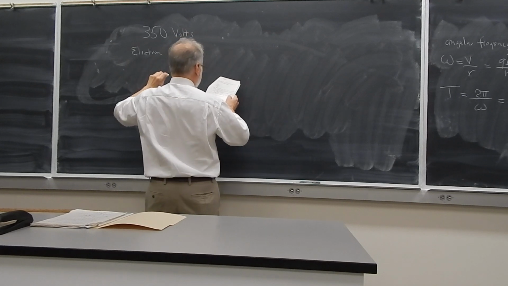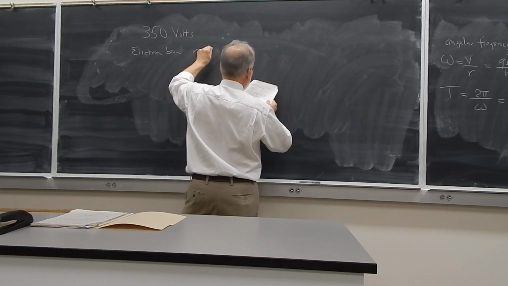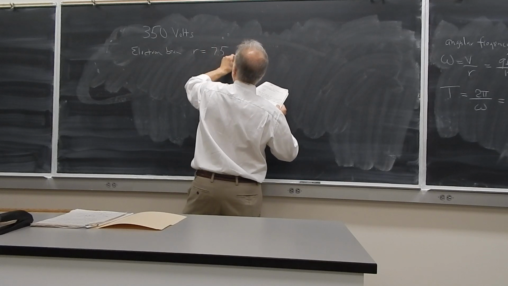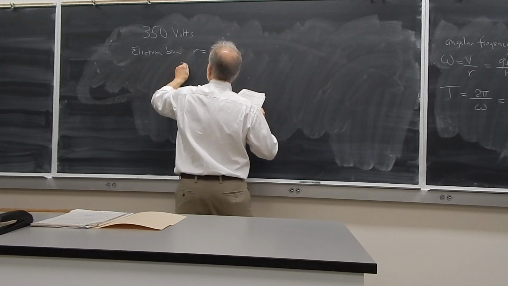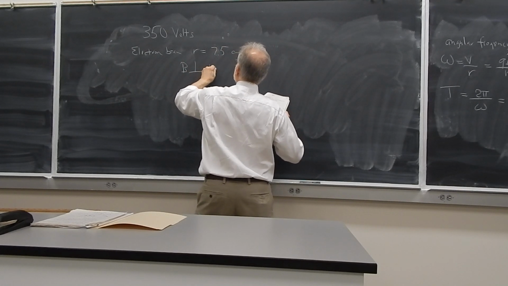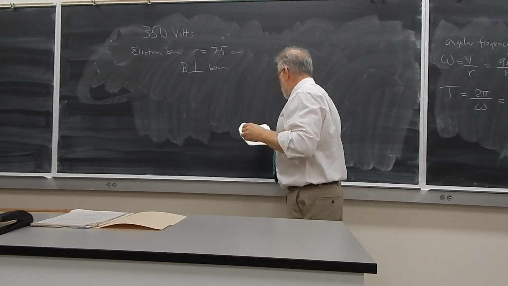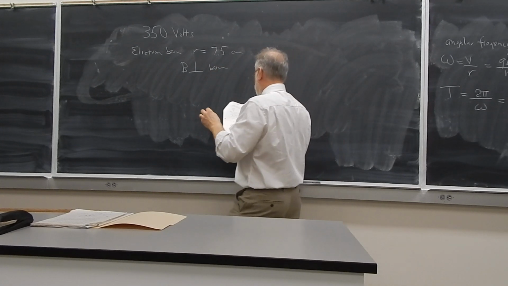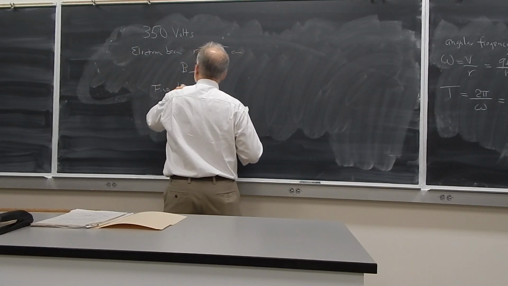Okay? We have a uniform electron beam and it has a radius of 7.5 centimeters, and the magnetic field is perpendicular to the electron beam, so that makes things very easy. First thing we might want to do is let's find the magnitude of the magnetic field.